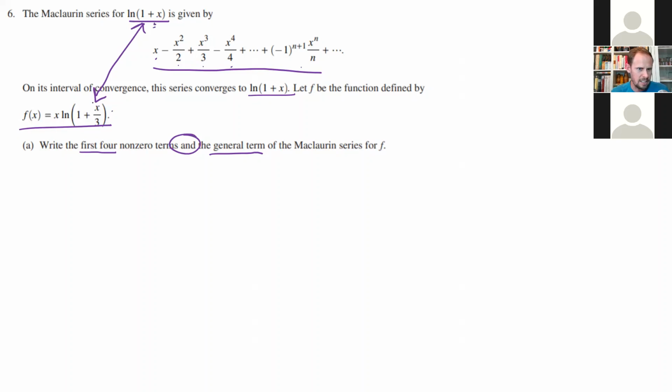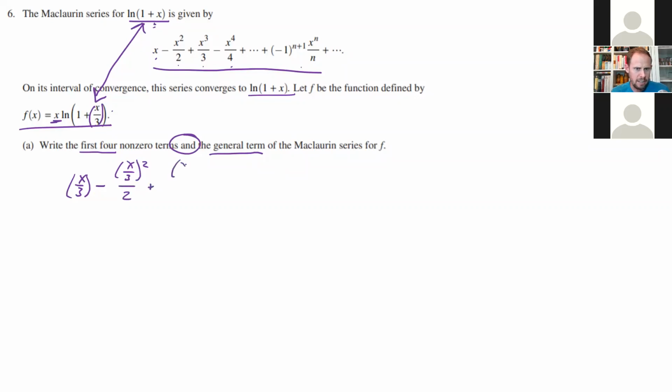Well, it looks like this x is now changed to x over 3. And then we're multiplying the whole thing by x. So first I'm going to plug in x over 3. So everywhere I've got an x in this, I'm just going to replace it with x over 3. First guy, not much difference there. Second guy, we've got x over 3 squared over 2. There is a minus out front.